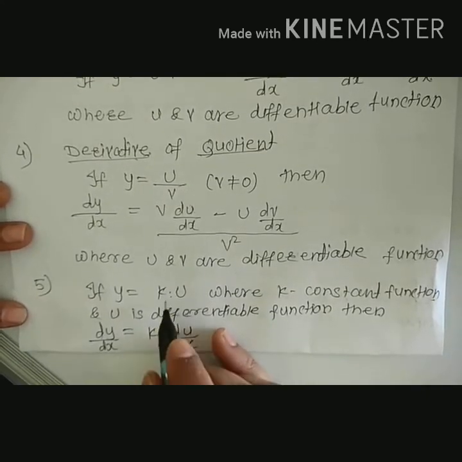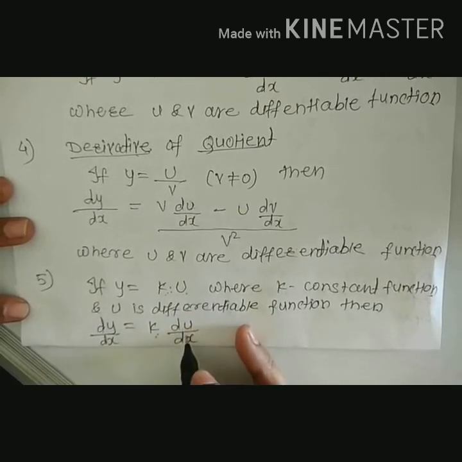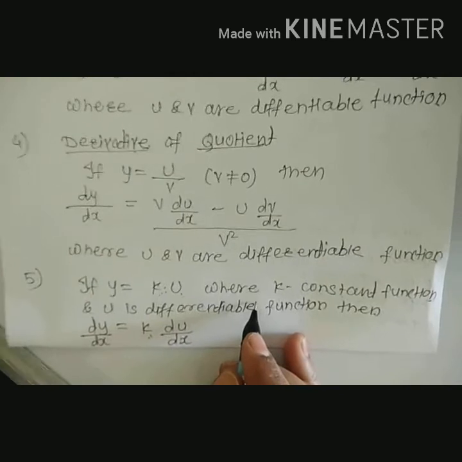The constant function is written as it is, and we only differentiate the variable: k into du by dx.